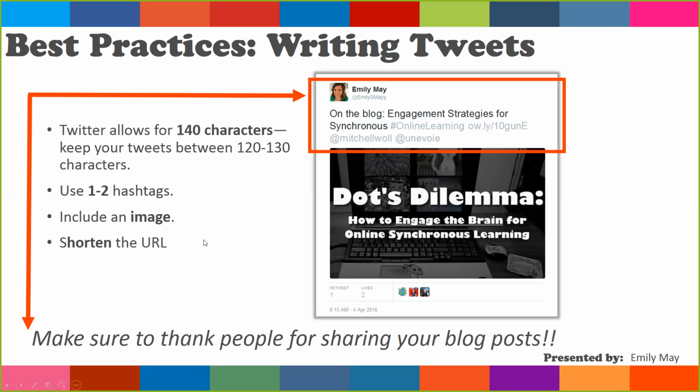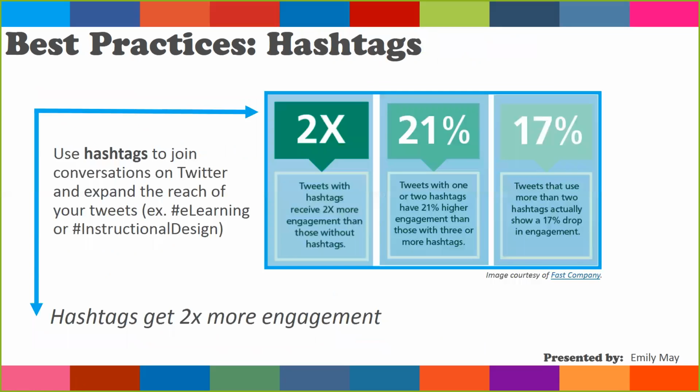Essentially, hashtags are a way for tweeters to join conversations and sort content. I don't know about you, but when I first started my job, I actually had no idea how a hashtag worked or really what it was. I think there's a common misconception out there that more hashtags are better, but it's actually quite the opposite.